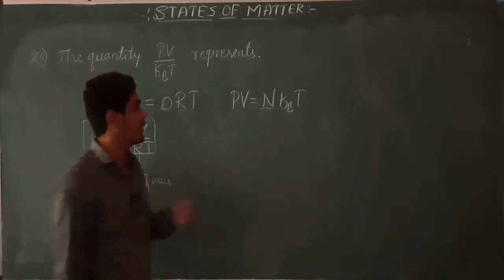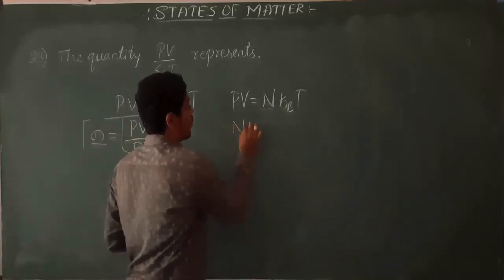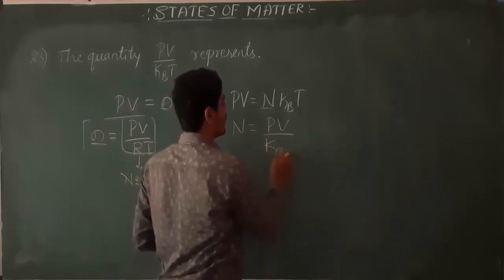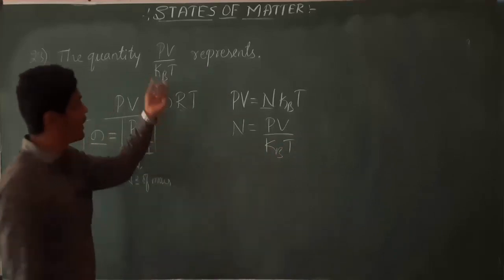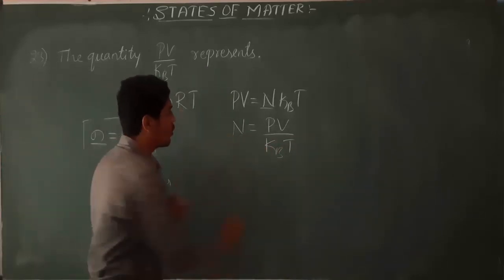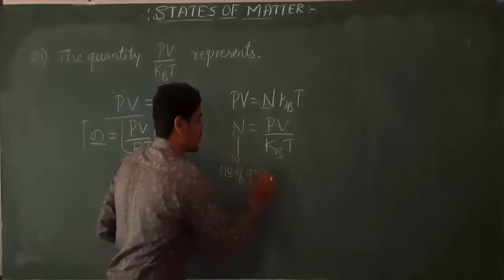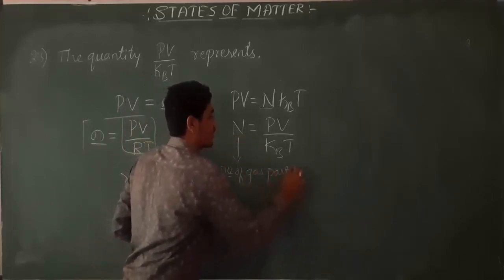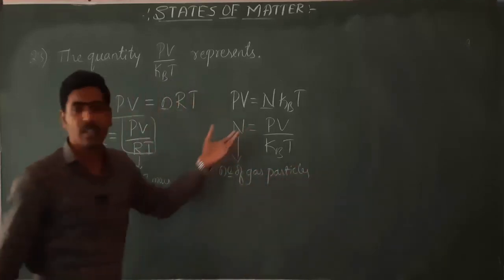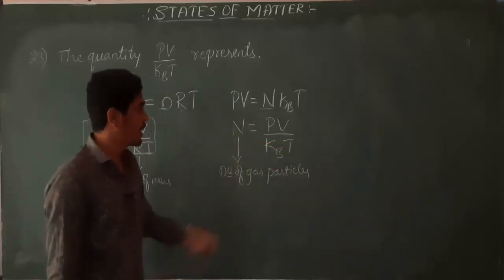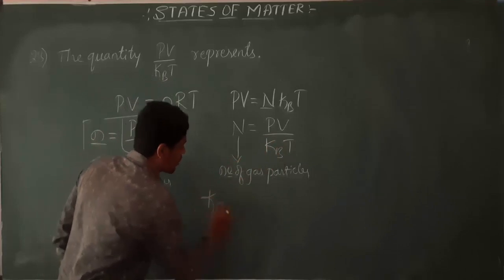And therefore N is equal to how much you will get? PV divided by KBT. So this PV divided by KBT is equal to what? Number of gas particles. Hence it will indicate the number of gas particles, PV divided by KBT. And KB is Boltzmann constant.